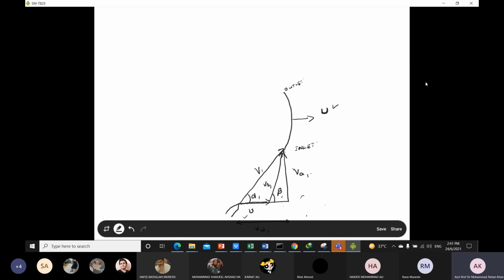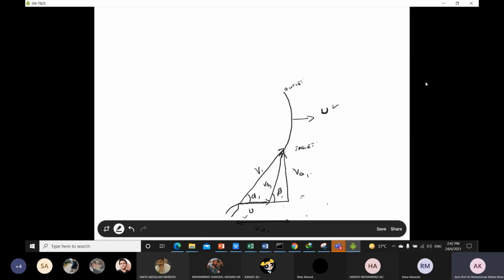Another important point: whenever you have to calculate the tangential force acting on your blade, you have to consider the whirl velocity component, which is the tangential component of your velocity. If you have to calculate the axial force, you have to consider VA1 at the inlet and VA2 at the outlet.